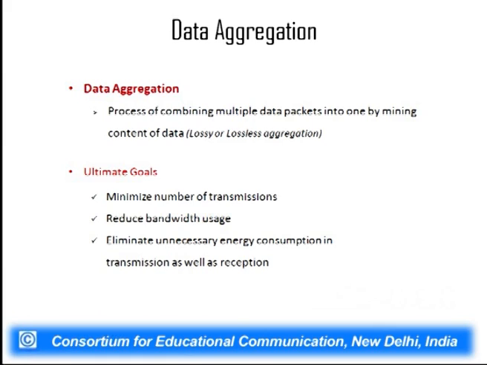In lossy aggregation, obviously the transmissions will decrease beyond a certain limit, and there can be a considerable increase in overall energy saving. If it's lossless aggregation, it means the application we are dealing with cannot bear losses in the aggregation computation. So more and more data has to be taken, and there can be a little increase in transmission energy as the number of transmissions tends to increase.